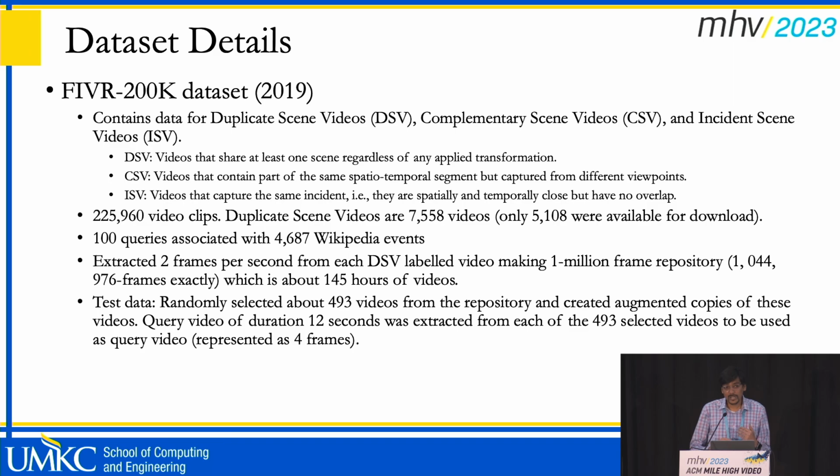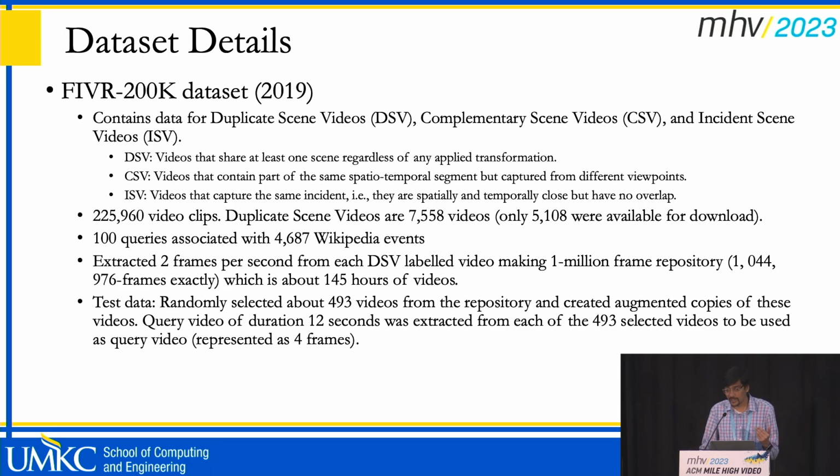The videos in DSV share at least one scene regardless of whatever transformation is applied, like flipping, adding a logo, rotating the video, whatever. Overall, the data set contains about 225K video clips. However, only duplicate scene videos are about 7,500, and these are basically YouTube videos. The data set provides us with YouTube video links.